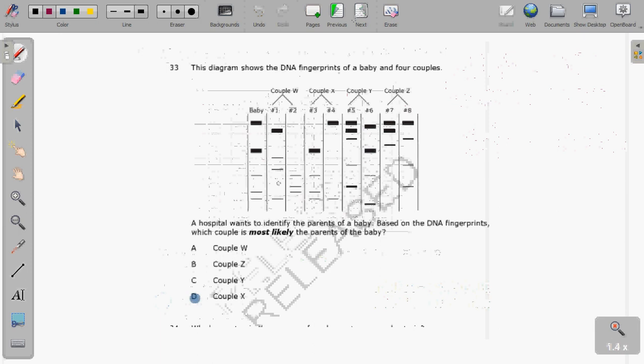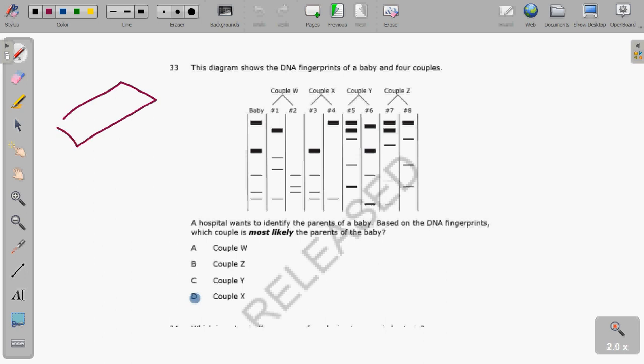You'll also see something like this. So this is gel electrophoresis. What they do is they take a gel, a square of gel, like gelatin, but not edible. And then there are wells at one end of it. Each well gets a little bit of DNA in there.